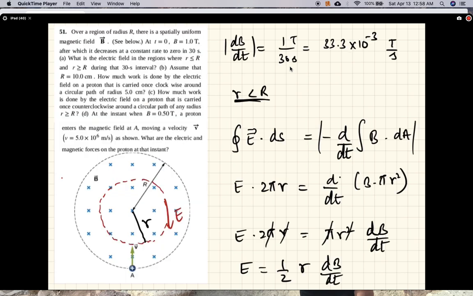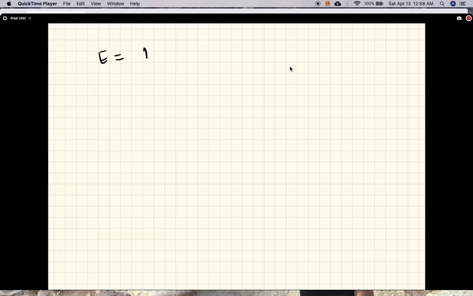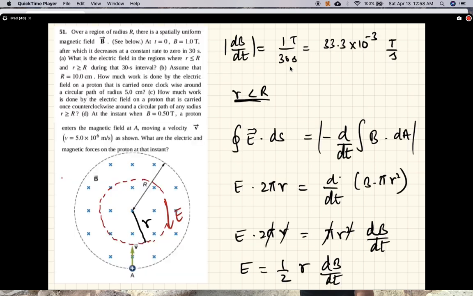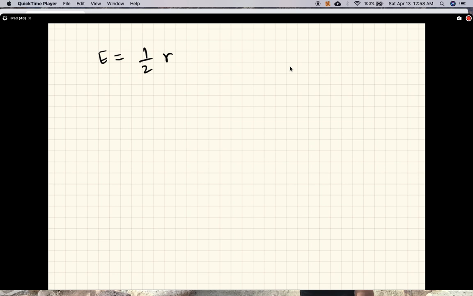So the induced electric field is 1/2 r times 33.3 times 10 to the minus 3, and since this is electric field, it will work out in volts per meter.